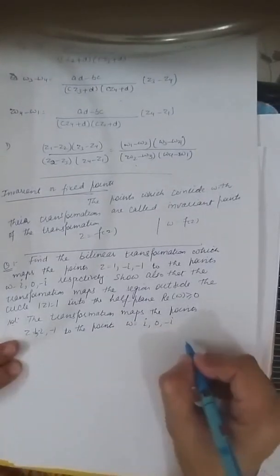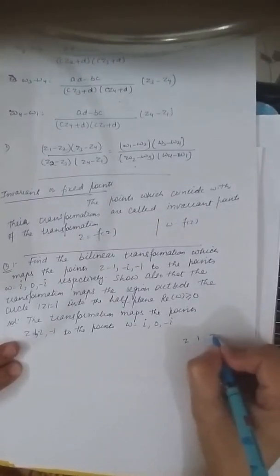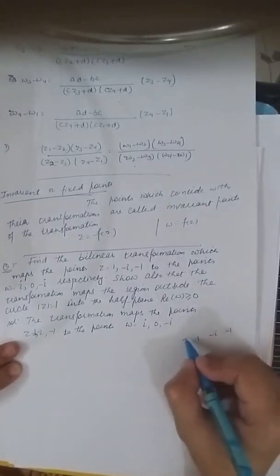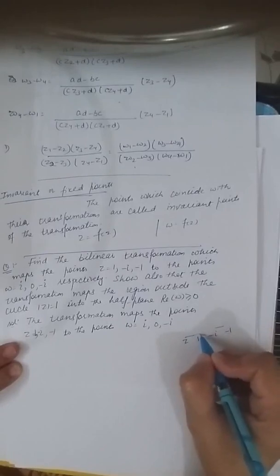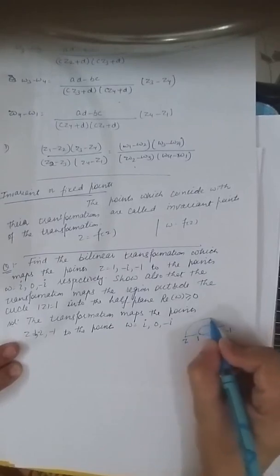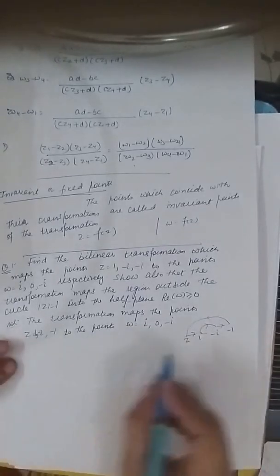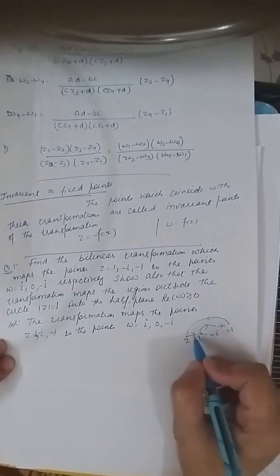Now first, z1 is 1, z2 is minus iota, z3 is minus 1. For this, in the anti-clockwise direction, this will be in the numerator.